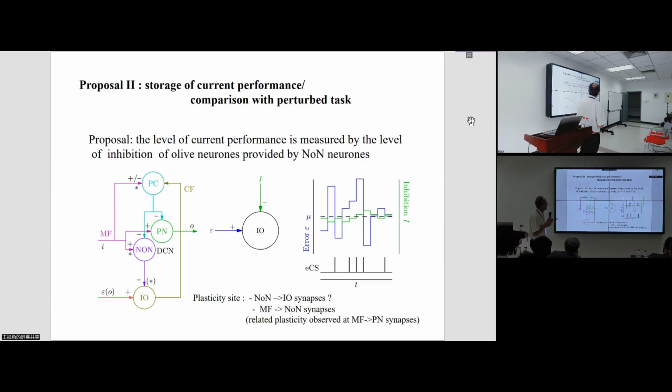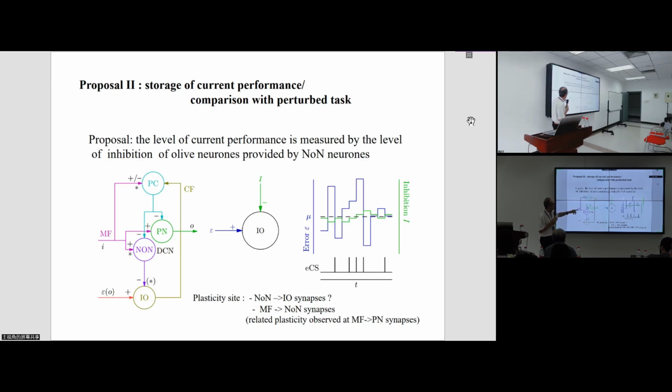Okay, so now the other question is how could the current performance level be stored? The idea is that this is stored in a comparison, so I have added a piece of the circuit that I didn't put in the previous slide because it was not used.